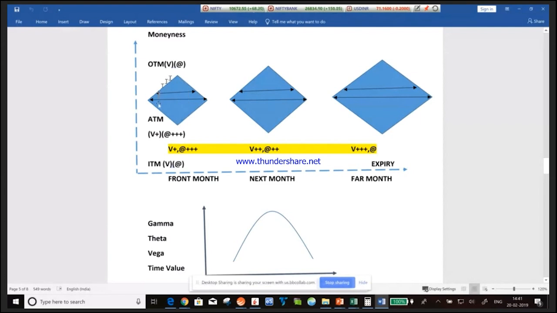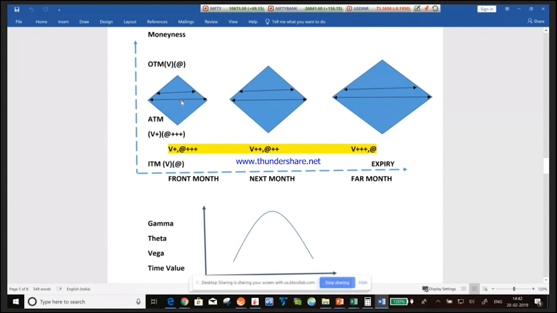Now this is front month, next month, far month. The middle one is going to be at the money, and this is an example for a call option. So as you move up, this is going to be out of the money. As you move down, this is going to be in the money.